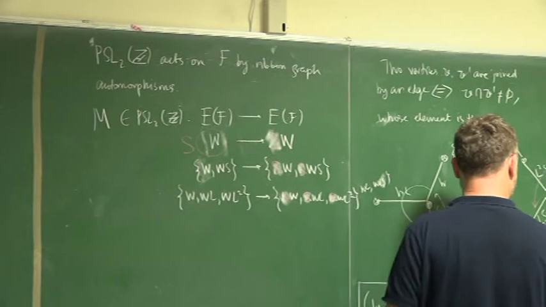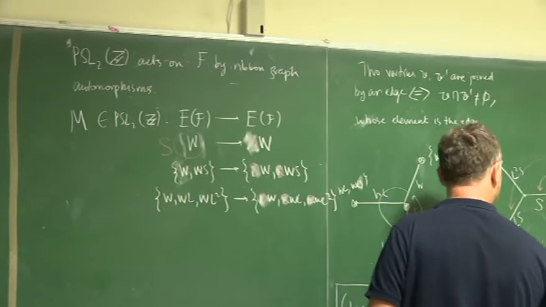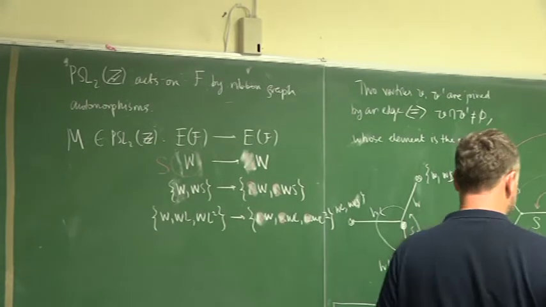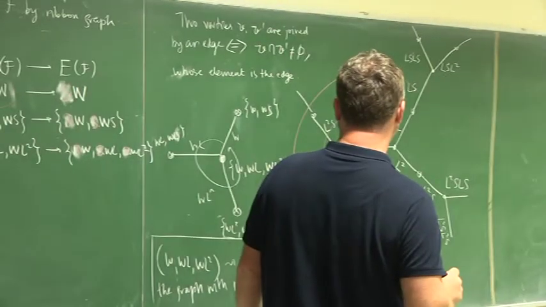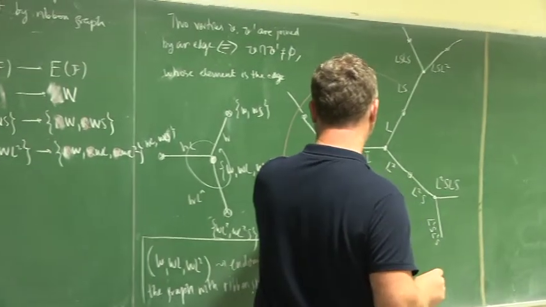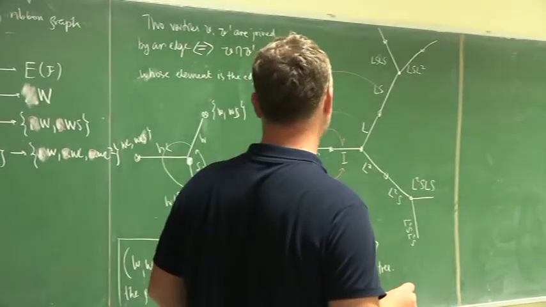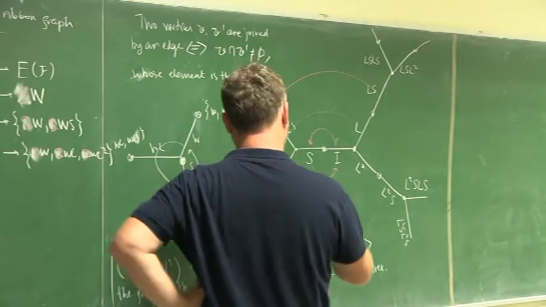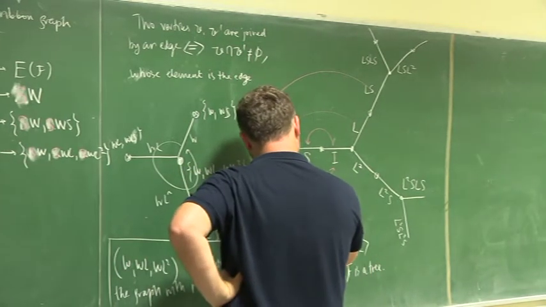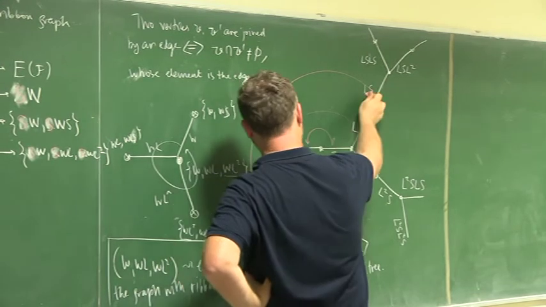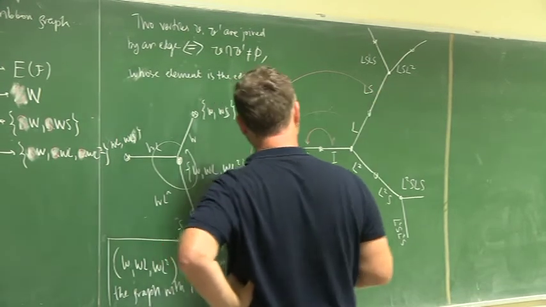And the edge named SLS is here. So this edge is sent to this edge. There's something strange. Oh, yeah, this must start with S. So LS is sent to SLS, okay?